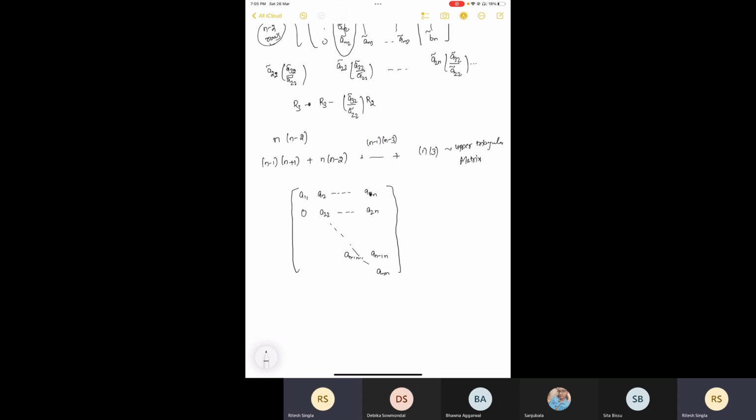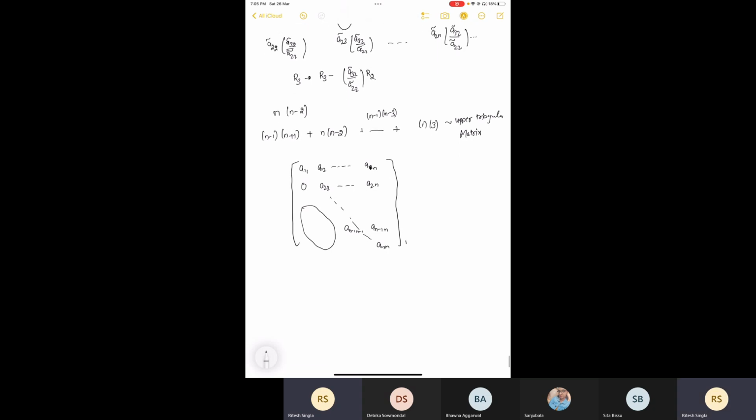So this will be my upper triangular matrix, right? So what you will need to do in order to find x1, x2, up to xn, if it is equal to b1, b2, and so on up to bn? You will have xn equal to 1 upon ann into bn. So basically, one time multiplication operator is used, right?